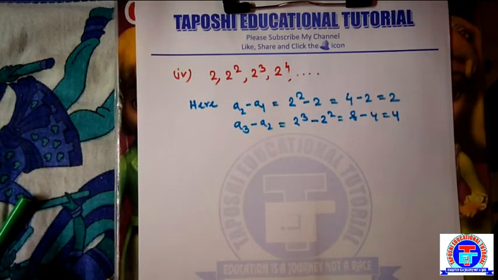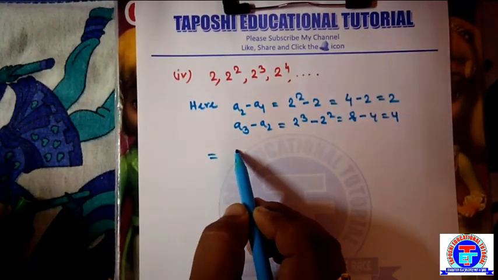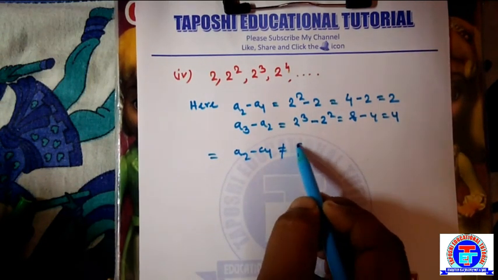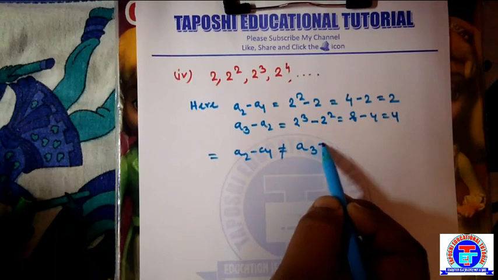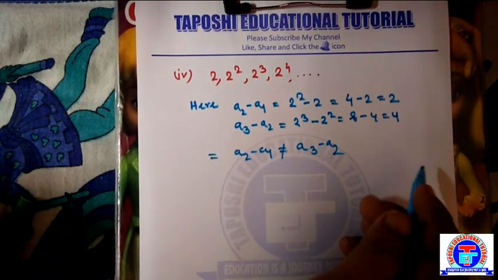Right? So implies that A2 minus A1 is not equal to A3 minus A2. Right?